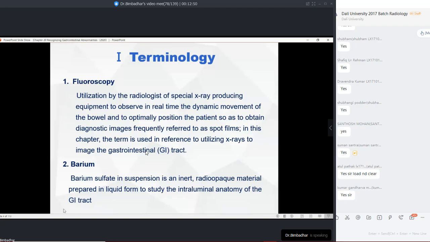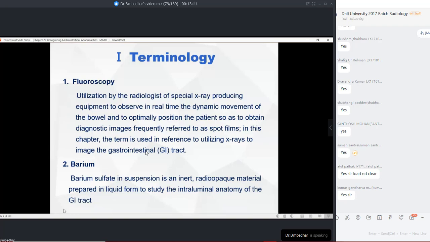The most important contrast material that we use here is barium sulfate. Then we try to achieve the dynamic movement of the images as the contrast material passes down through the intestinal tract.